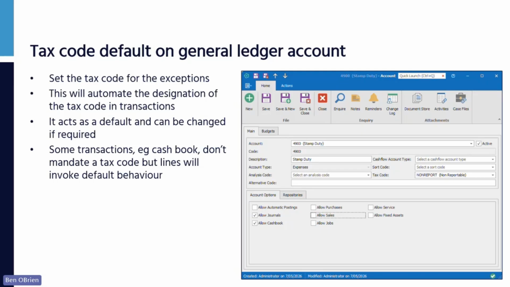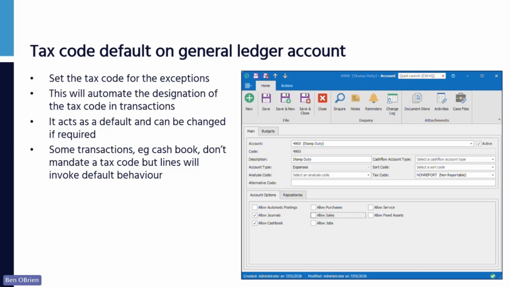And just, I've talked about it a couple of times, the tax code default on the general ledger account. So you'll see the little tax code field over on the right hand side, and I've got my non-reportable tax code. Where that comes in handy is if you are doing transactions to general ledger accounts in the cash book, for example. The cash book kind of defaults to a tax code.